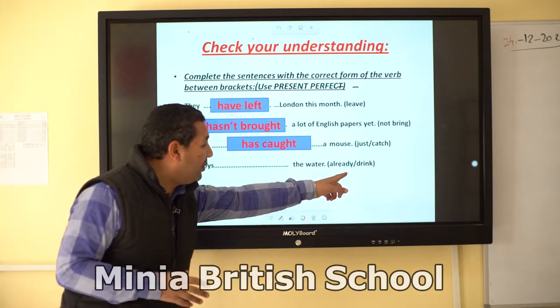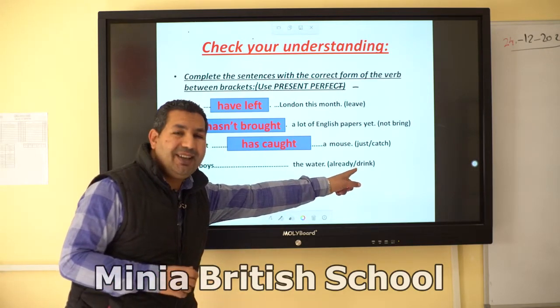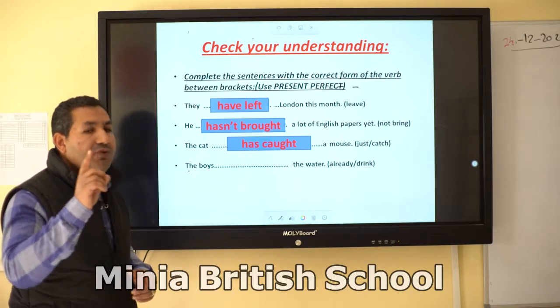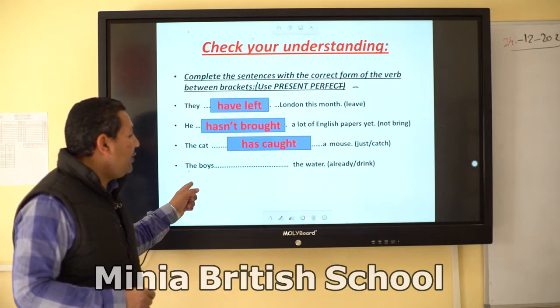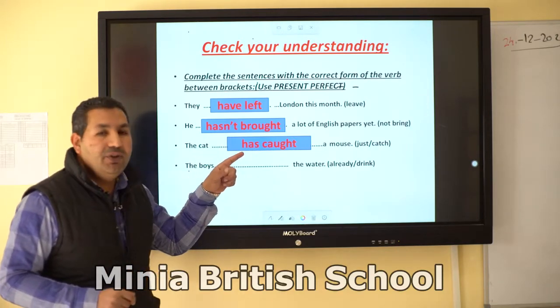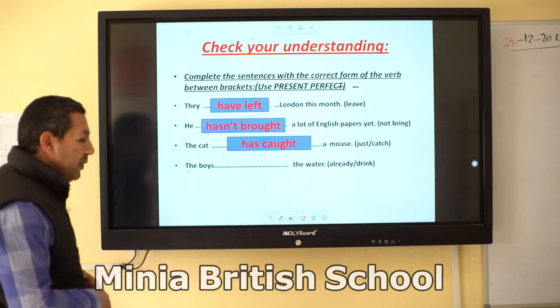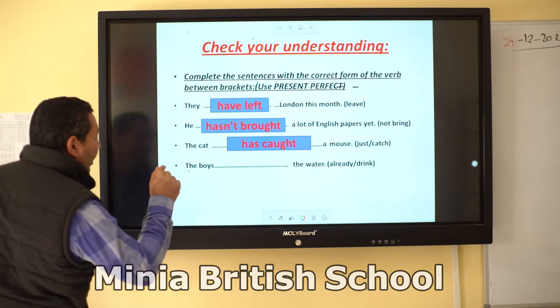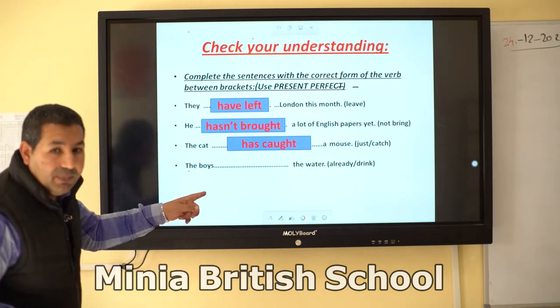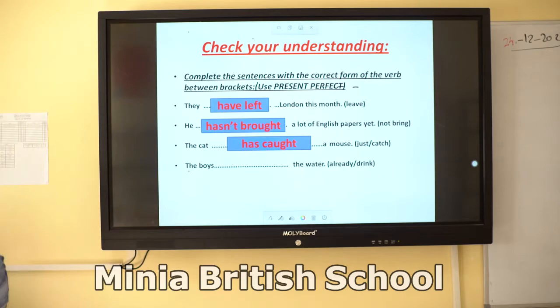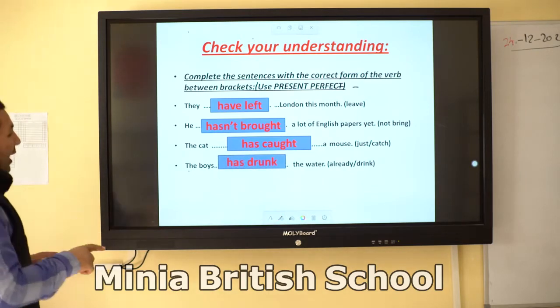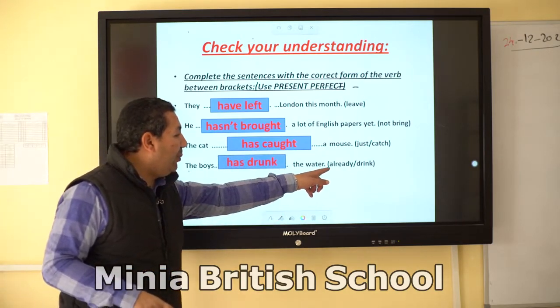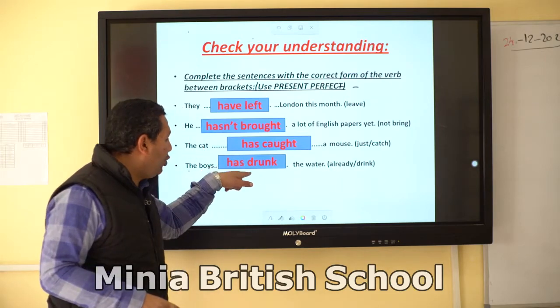The past participle of drink is drunk. So the boys have already drunk the water. If we have already, we put it between the auxiliary and the past participle.